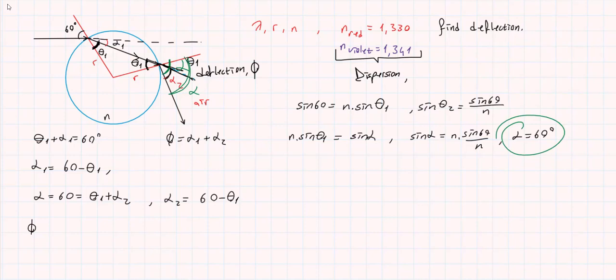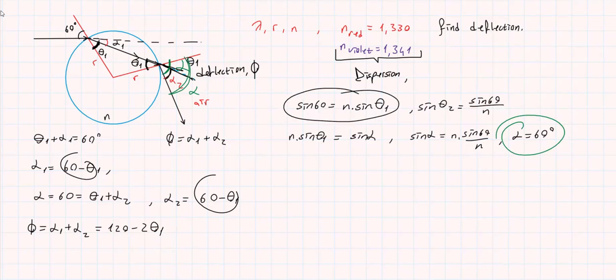Now to find phi, the total deflection angle, I will just substitute the alpha 1 and alpha 2 values, which will give 120 minus 2 times theta 1. Now I know that theta 1 is equal to arc sine of 60 over n.